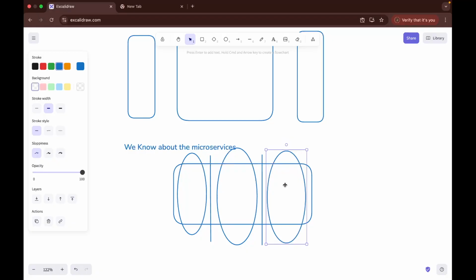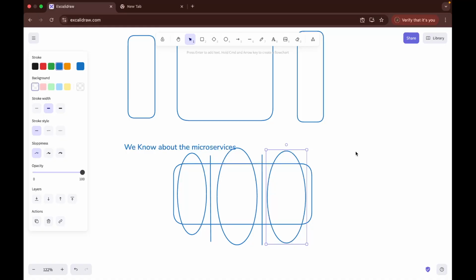Here in our project, we have to develop a monolithic architecture based project.